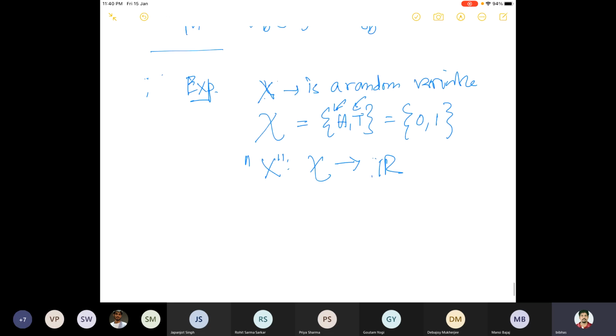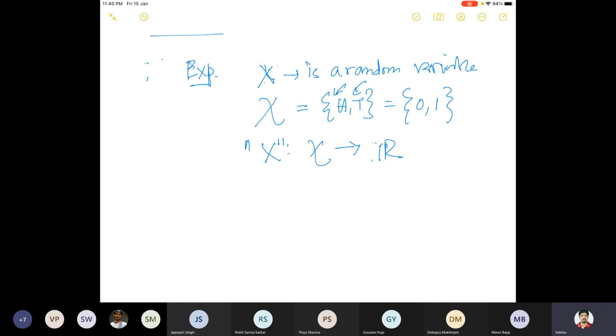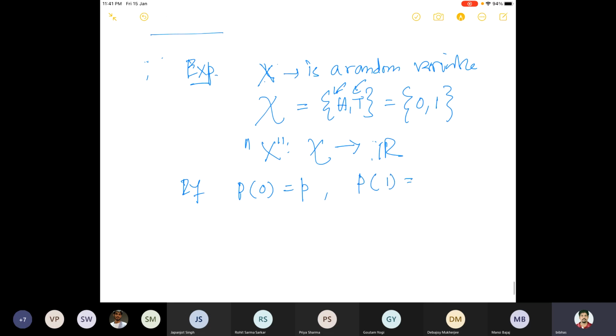And if we have, let's say, probability of success, let's say head is a success or tail is a failure, or whatever it is, doesn't matter. So let us say the probability of 0 is equal to p. So this is the probability distribution. Probability of 1 is equal to 1 minus p.